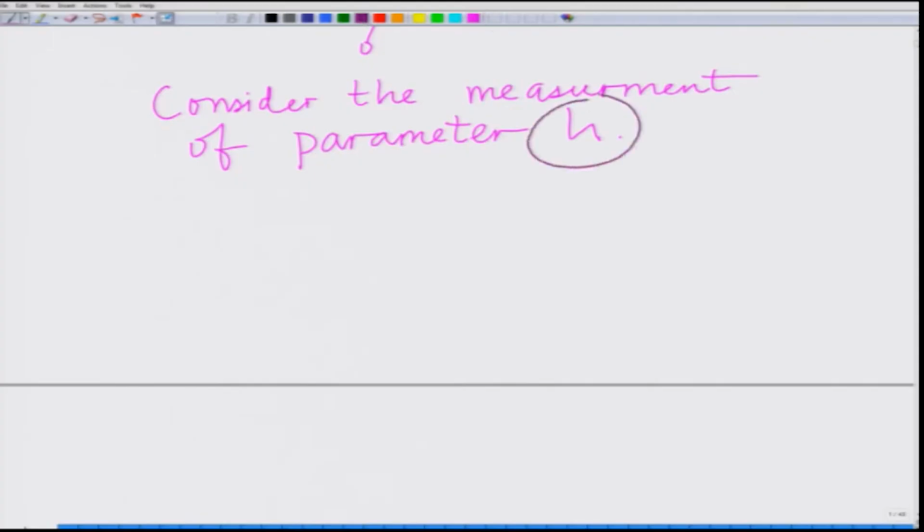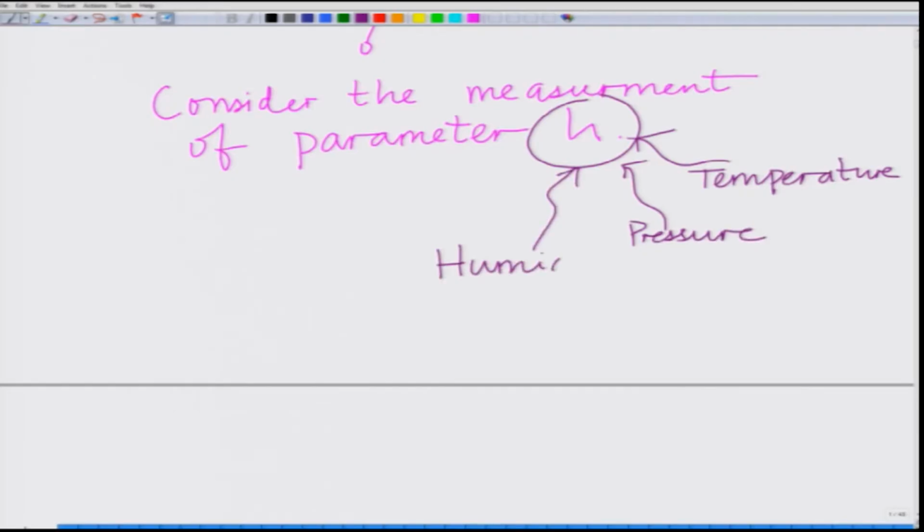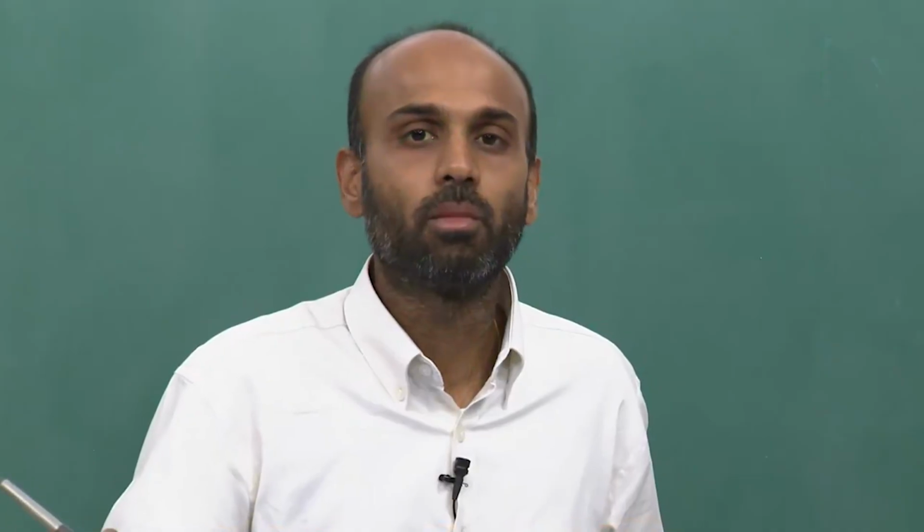For instance, in a wireless sensor network, typically you measure parameters such as the temperature, the pressure, or the humidity, or the moisture content of the soil and so on. Wireless sensor networks have several applications, such as agriculture, weather monitoring, etc. There are different parameters one can measure.